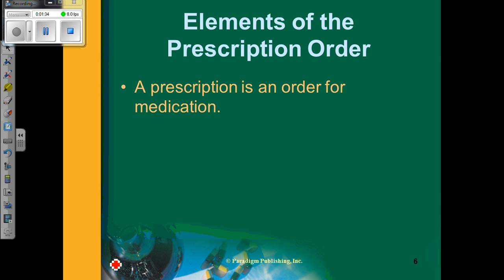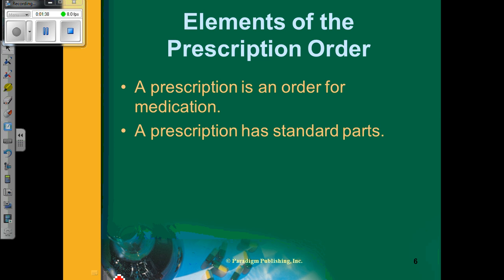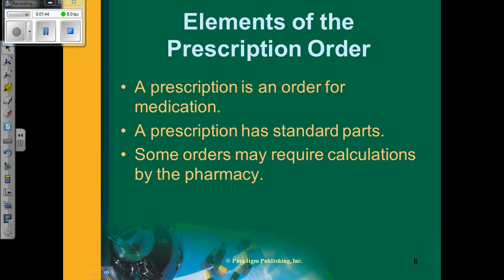A prescription has standard parts. Depending on whether it is hospital or pharmacy, it will contain slightly different things. Some orders may require calculations by the pharmacy, such as day supply and metric quantity.